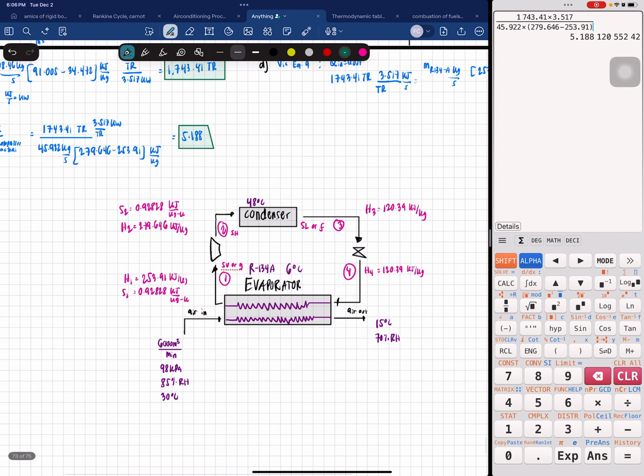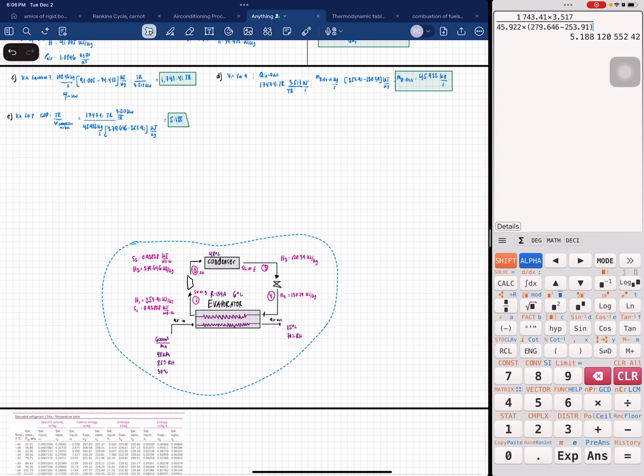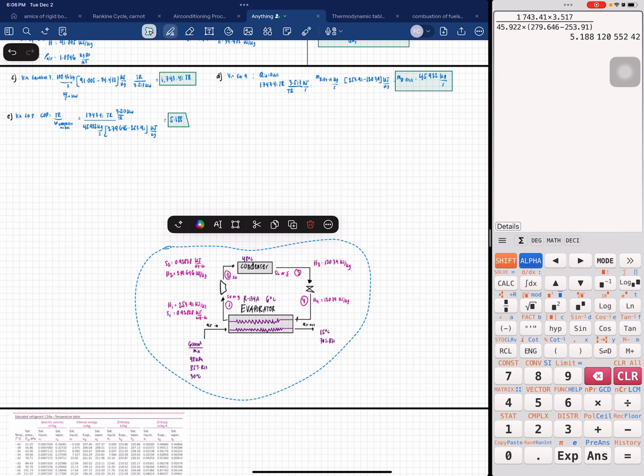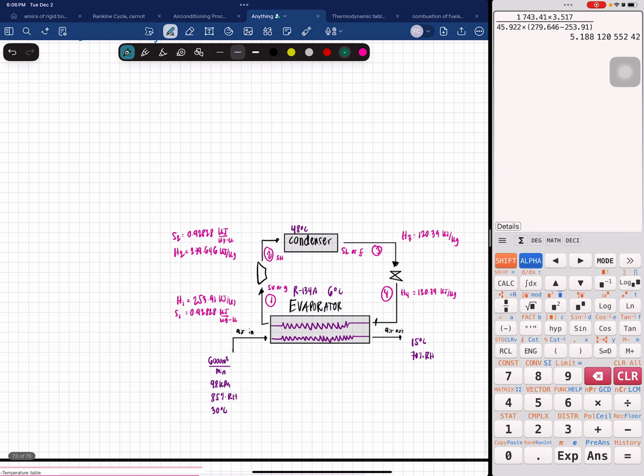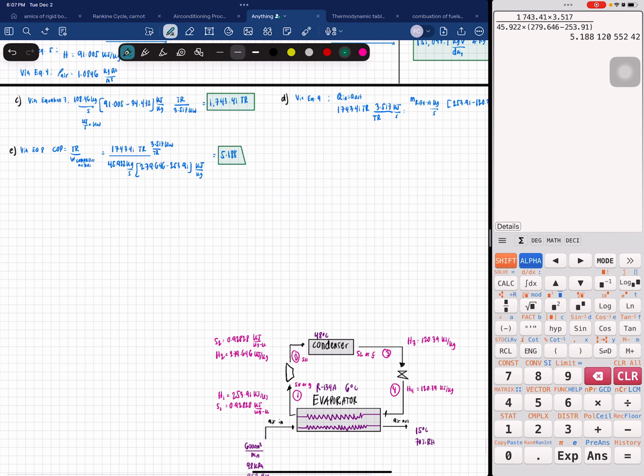Now if we use the other approach, it's still gonna be the same. The amount of energy that you have here is between these enthalpies 1 and 4 at the evaporator. However, the amount of energy of the compressor is going to be between H2 and H1. So let's use the values.